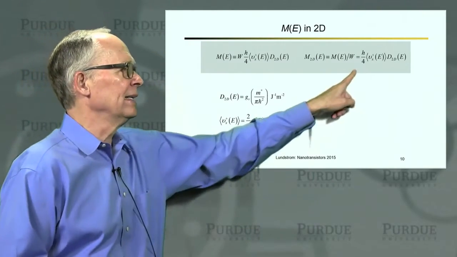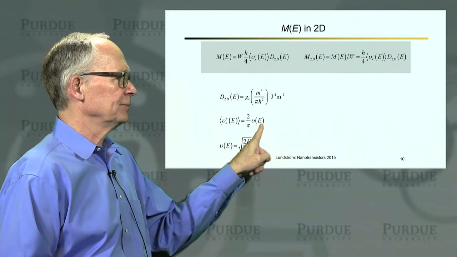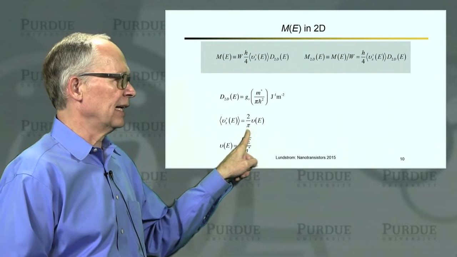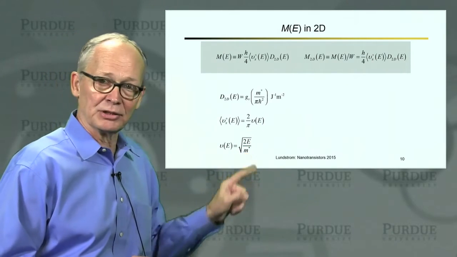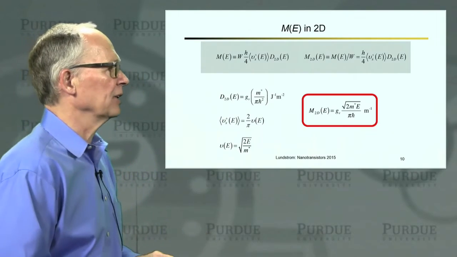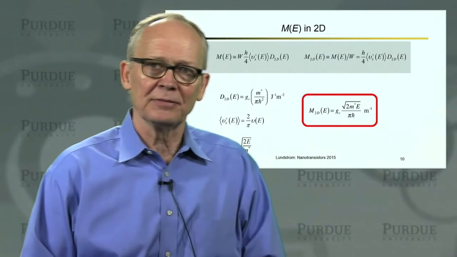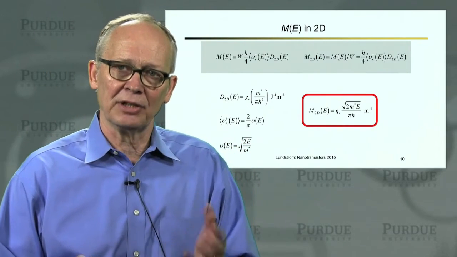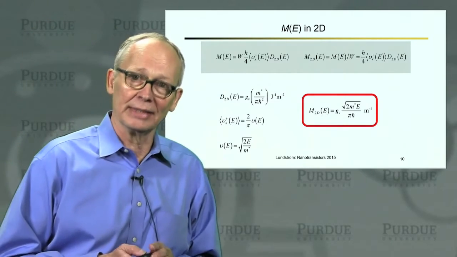We can go back and see if we can derive the number of channels. So it's density of states times the average x-directed velocity, which we now know. We know the magnitude of the velocity because we're assuming parabolic bands for this calculation. If we put it all together, that's a simple expression for the number of channels as a function of energy. And that's an expression that we're going to use frequently now in this unit.